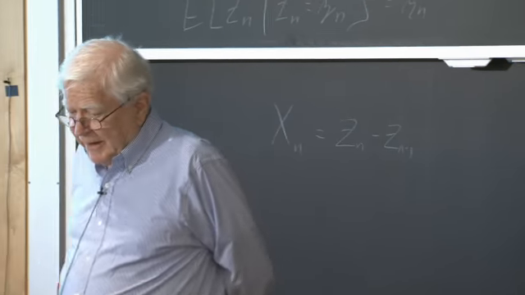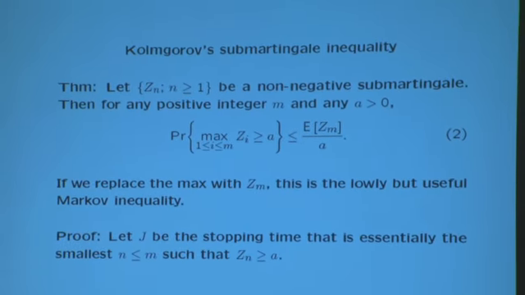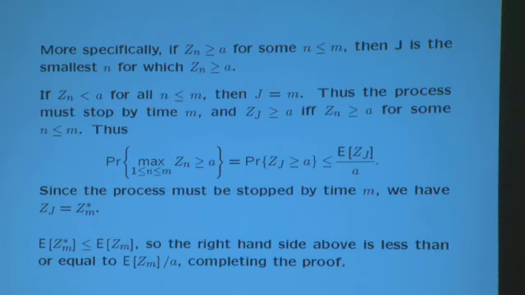Okay, I'm going to prove this also, but this proof is simple, so you can follow it in real time, I think. We want to start out by letting J be the stopping time, which is essentially the smallest n where you've crossed the threshold at a, and if you haven't crossed the threshold at a, then it's equal to the last term. So here's the specific stopping rule that we're going to use.